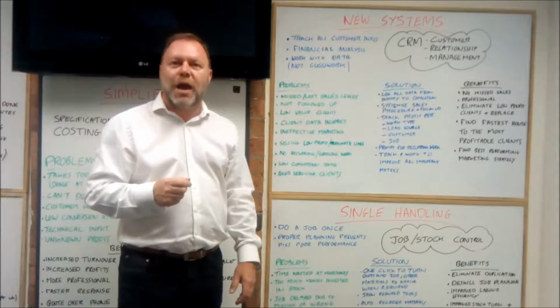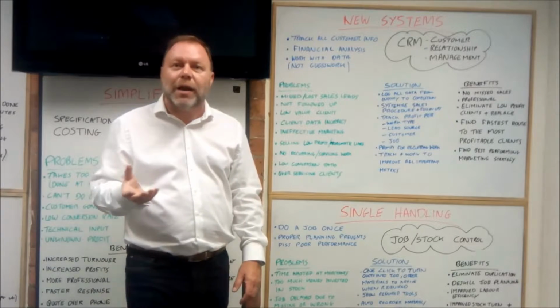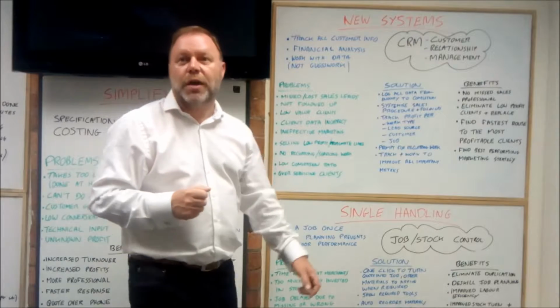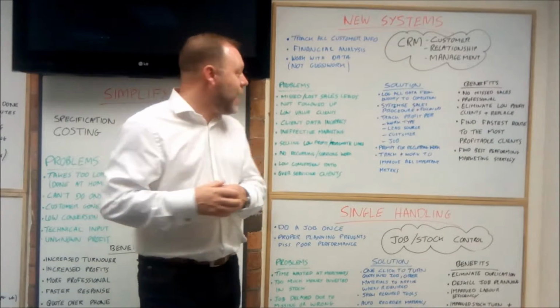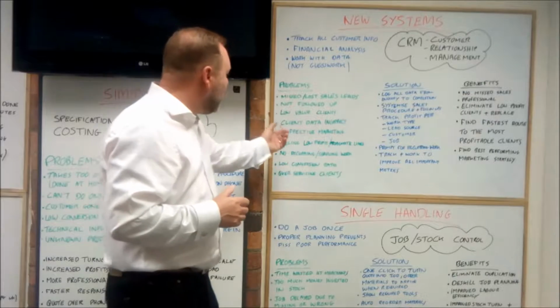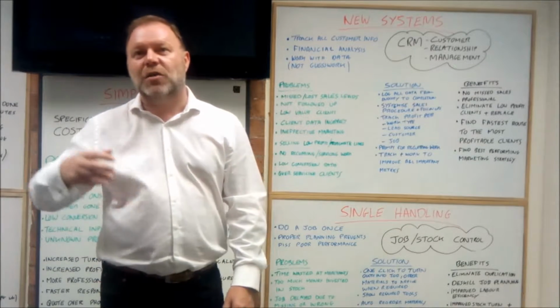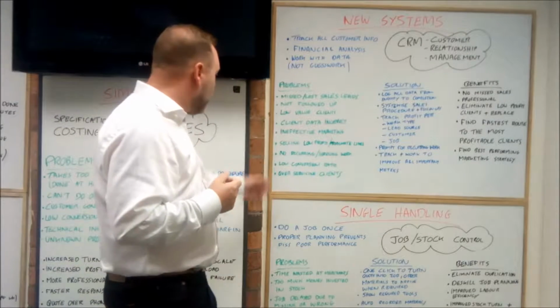Have you ever sent your guys out on site and they don't know where they're going because the information is not recorded correctly? So that's another common problem. Inefficient marketing. It could be that you're marketing the wrong product to the wrong clients because you don't have enough data analysis. Selling low profit or problematic lines, things that actually use more of your resource, more of your guys, all of those kinds of things.